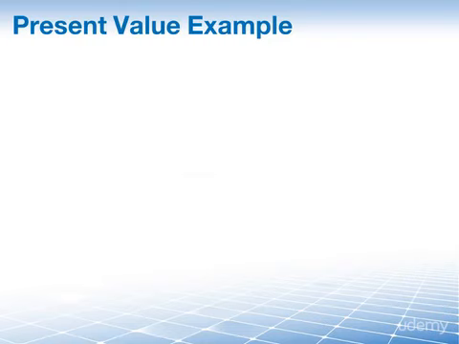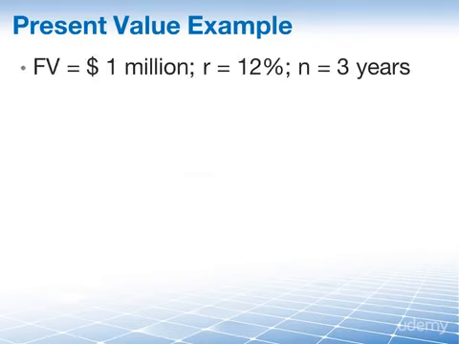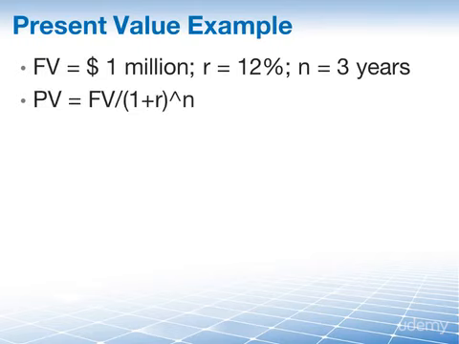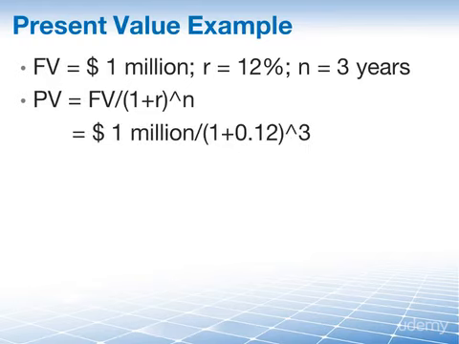Here is another example of our present value calculation. Assume that we have a future value of 1 million. The annual interest rate is 12%, and n, which is the time that it would be invested, is 3 years. So that means that our present value, PV, is 1 million, of course, divided by 1.12 raised to the power of 3, and the result of this calculation would be $711,780.25 US.